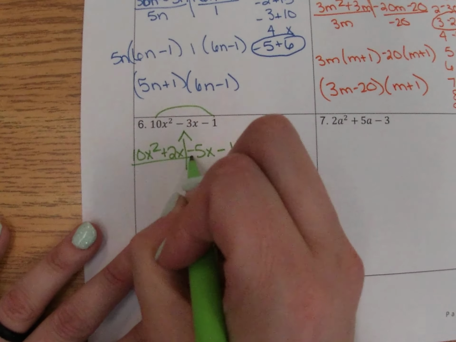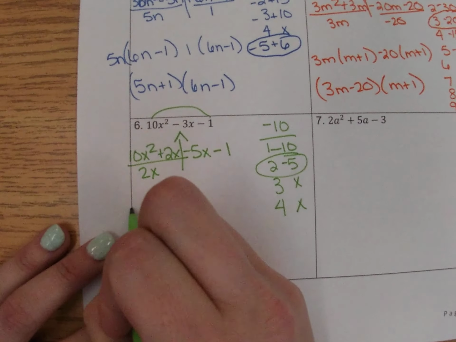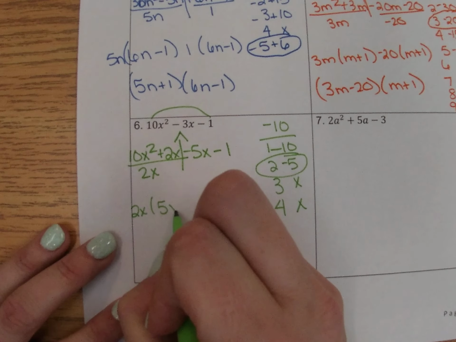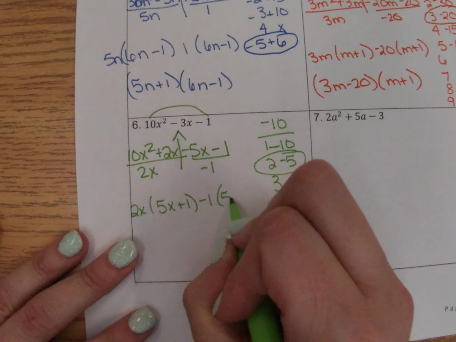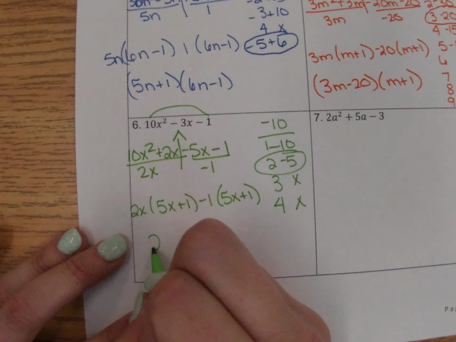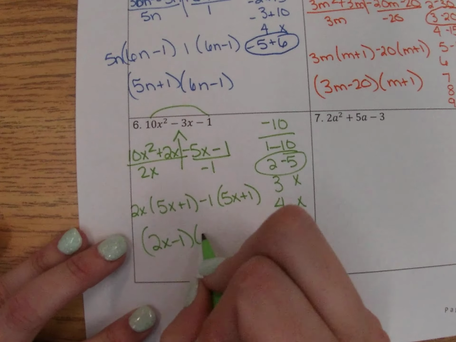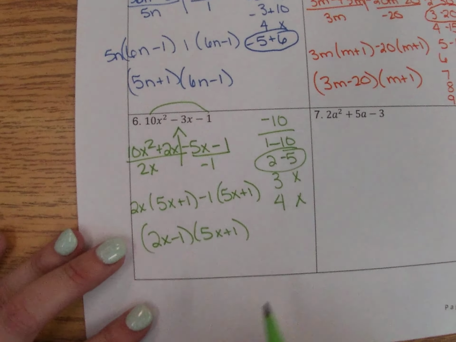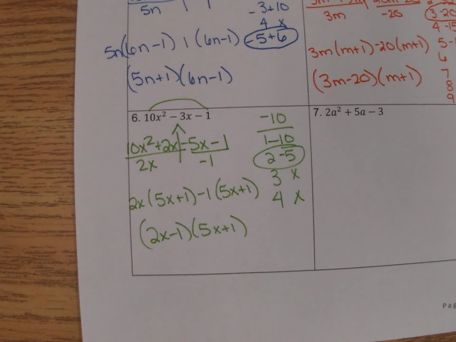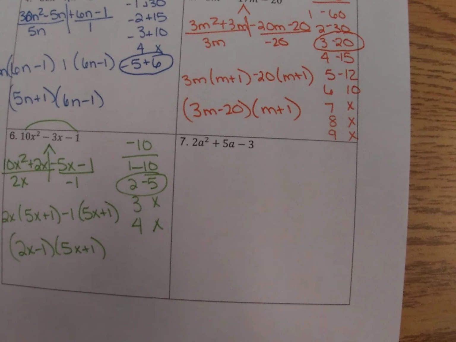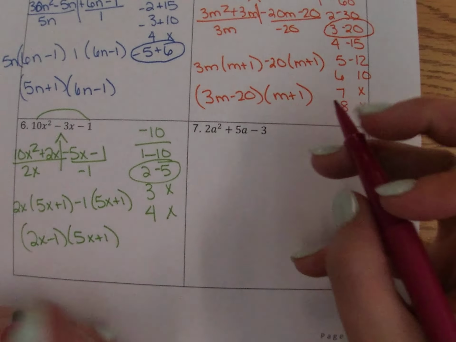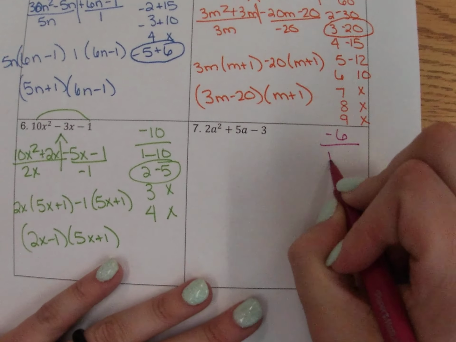and then we'll factor by grouping. A 2x minus 1 and a 5x plus 1. And we'll get our last one here. So 2 times -3 is -6.